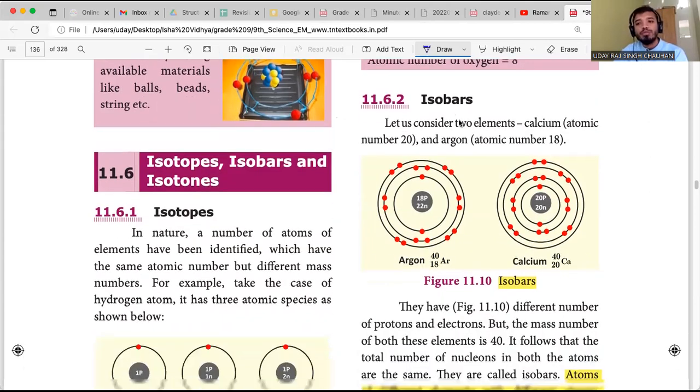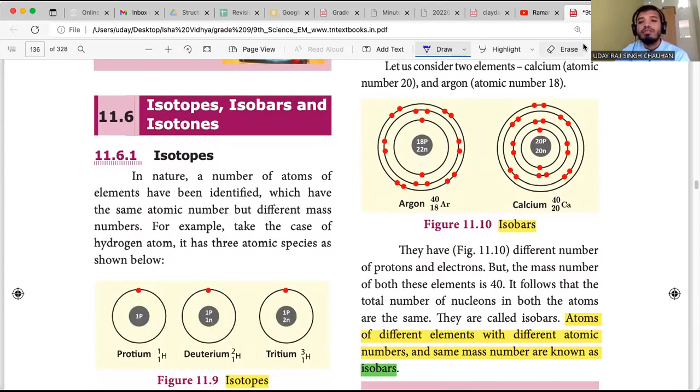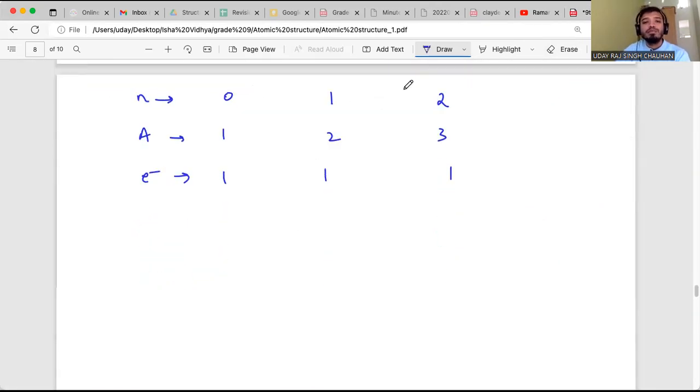Next, we move on to isobars. What are isobars? You can see this example. Isobars, if you see closely, have the same mass number, 40, 40. But here the atomic number is different. So same mass number, different atomic number, and these are the atoms of different elements.